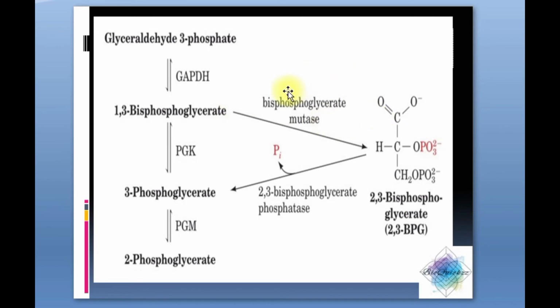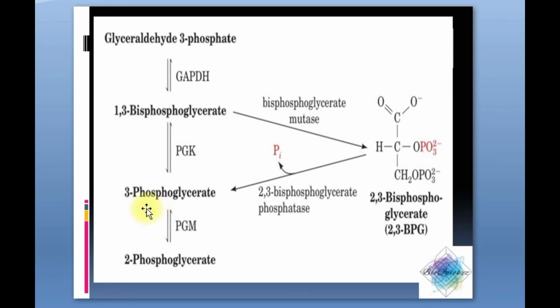Here again an intramolecular change in the position of the phosphate group occurs, and then it is changed to 3-phosphoglycerate. The enzyme used here is 2,3-bisphosphoglycerate phosphatase, and inorganic phosphate is released.